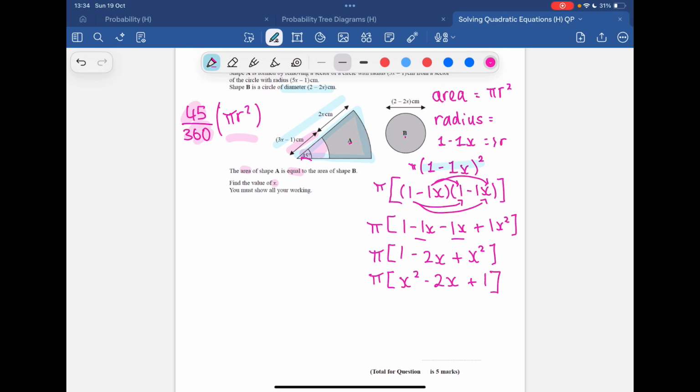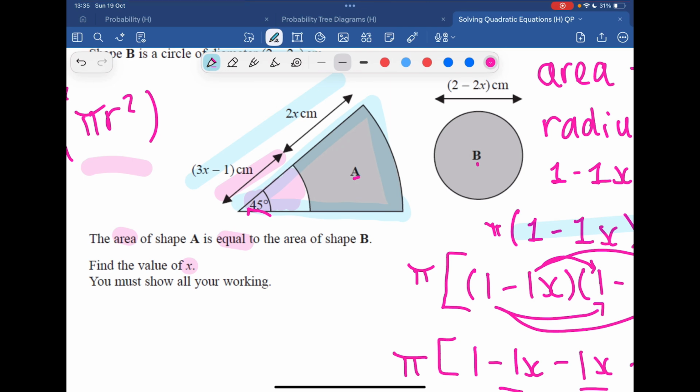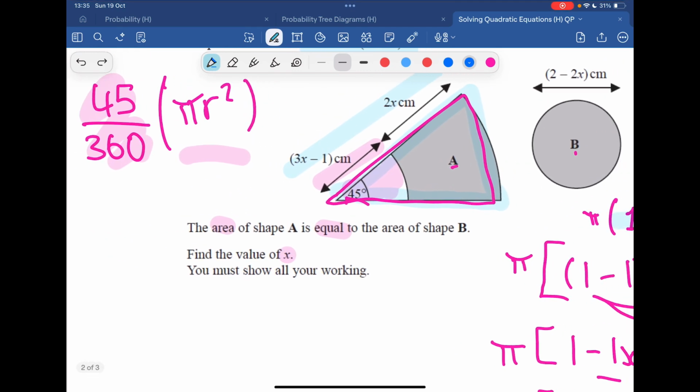So we've done half of the question. What we need to do now is find the area of shape A, because we know that this is equal. So what we're going to have to do here is find the area of this total shape and then subtract from the area of this shape, and it will give us area A. So let's start with that.